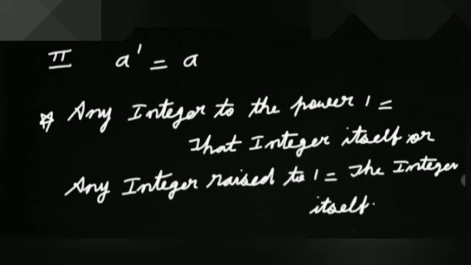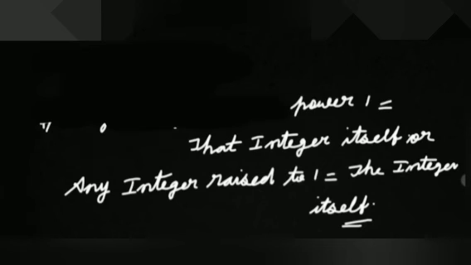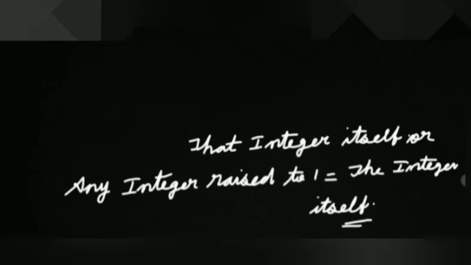This is the second law of exponents. Any integer to the power 1 is equal to that integer itself, or any integer raised to 1 is equal to the integer itself. Got it? Understood? This is the second law of exponents. Can you say some examples? Please try to say some examples, or write some examples yourself.